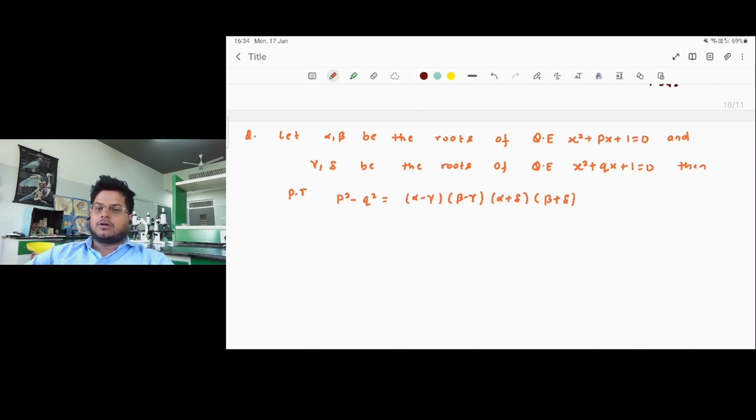Okay. Or some students give another idea. You know what p square is. So p is alpha plus beta. Then they will say, okay, do one thing. In place of p, you write alpha plus beta whole square. I'm like, okay, that's fine. And then q square.